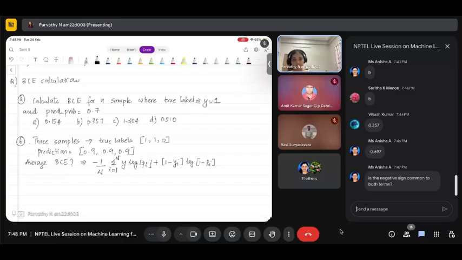It is always minus sigma of y log y hat plus 1 minus y into log 1 minus y hat.